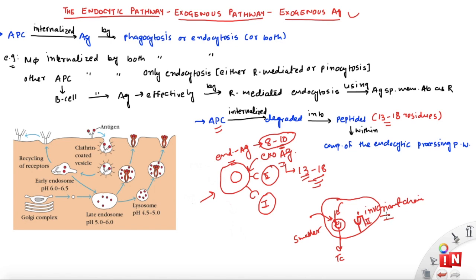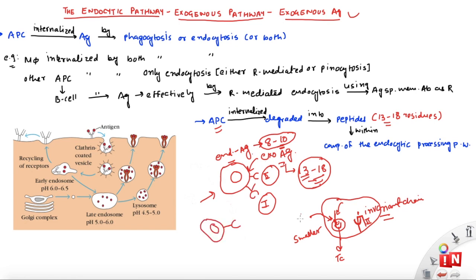That is why it is always blocked by the invariant chain, which can be degraded only when there is exogenous antigen, and we'll see how it works. So you will see that in the endocytic pathway, or exogenous antigen pathway, we have this invariant chain. You should know how and why a cell differentiates between exogenous and endogenous, because an antigen presenting cell can express both.